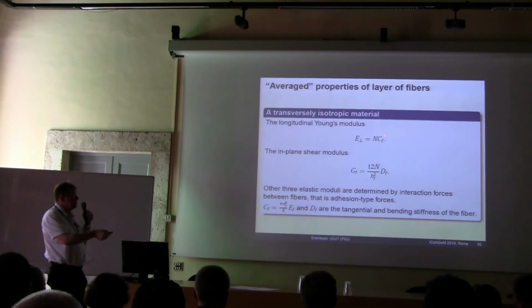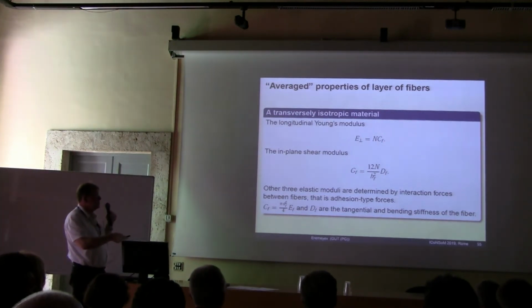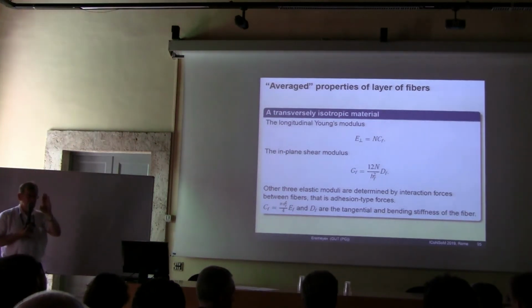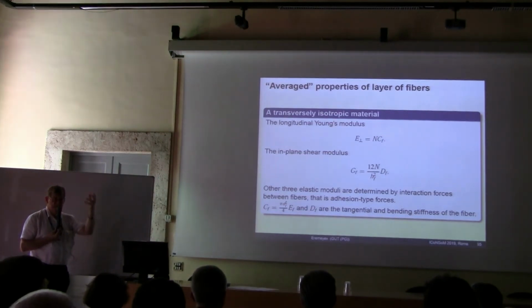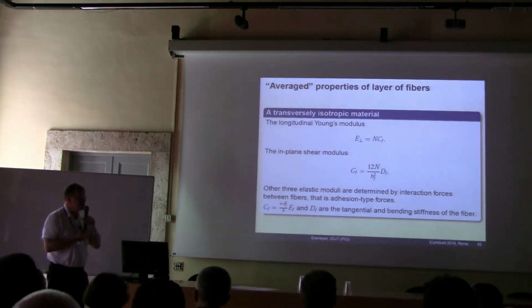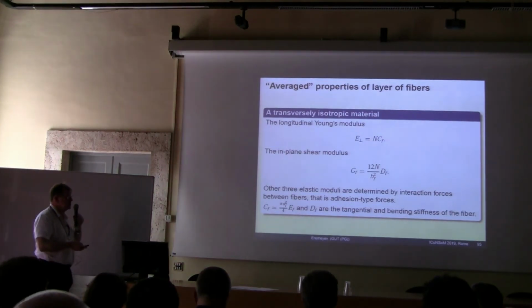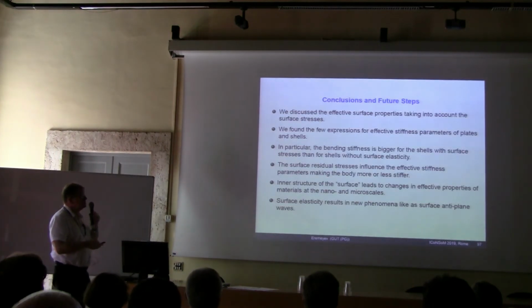It depends on the number or density of these fibers and the stiffness of these fibers. It's more interesting because between these fibers there are also interaction forces of different nature, electrostatic, van der Waals forces, which should be taken into account. Some references and conclusions.